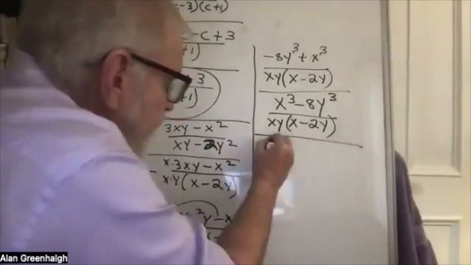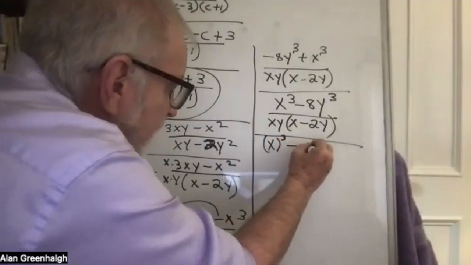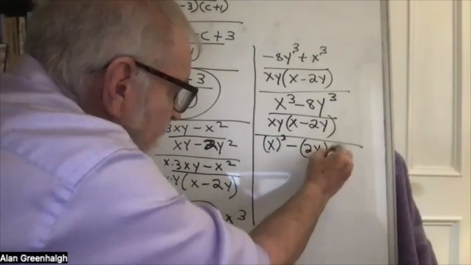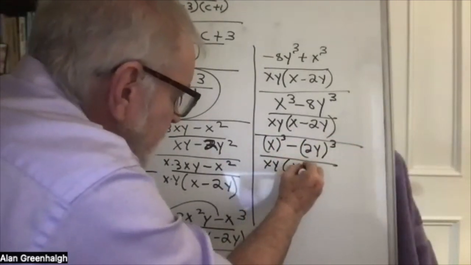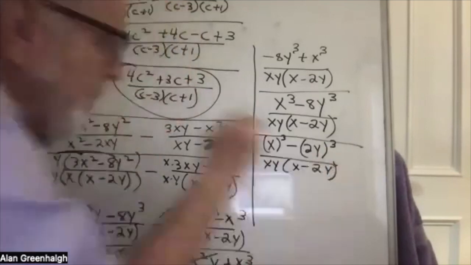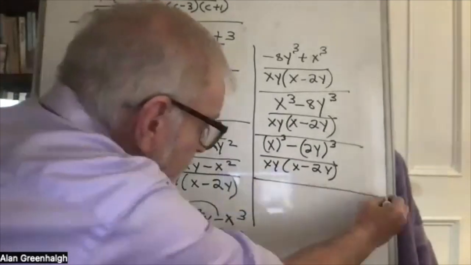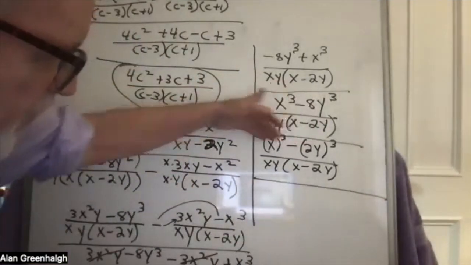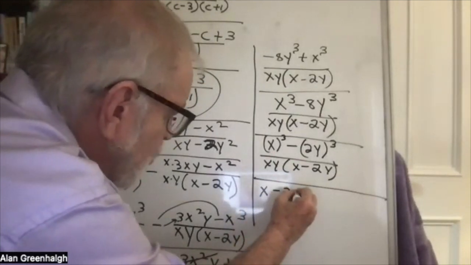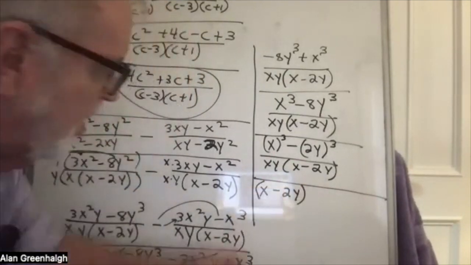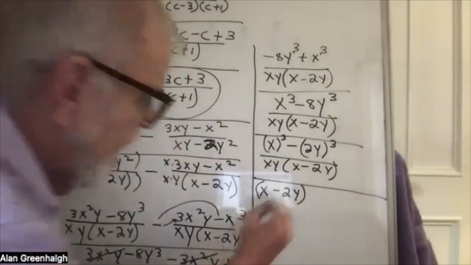The two perfect cubes are x to the third minus 2y to the third over xy times x minus 2y. Now, let's factor this. We know how to factor a difference of two perfect cubes, so let's do it. So x minus 2y, which makes sense, because look what you have in the denominator. So that's going to cancel out.